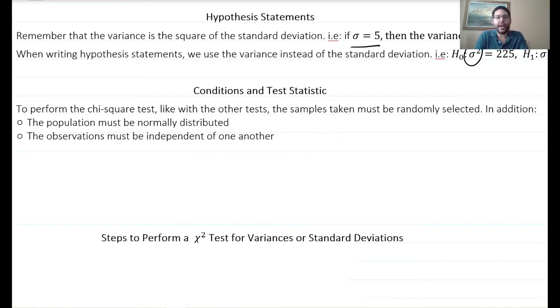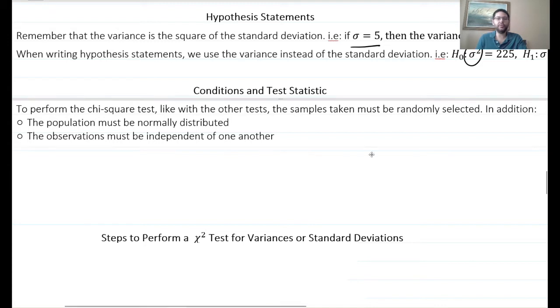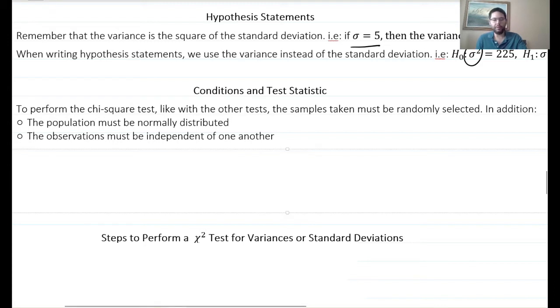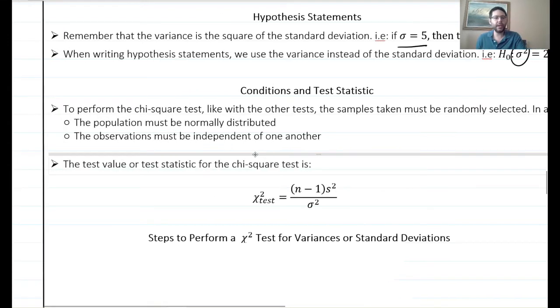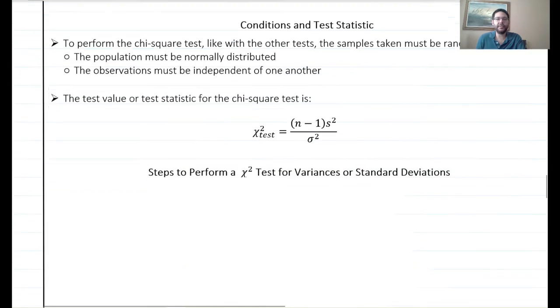In addition, the population must be normally distributed, and the observations have to be independent of one another. We'll assume those conditions are met when we do our word problems. The test statistic is given by this formula: n minus 1 times s squared over sigma squared. That's our formula for the chi-squared test statistic.